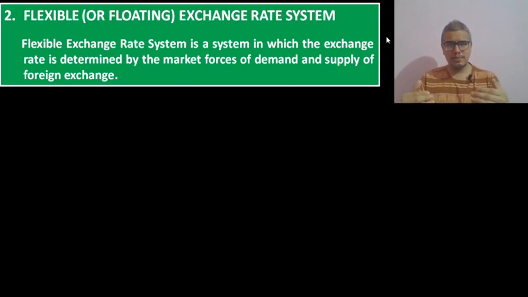The exchange rate was totally determined by market forces of demand and supply of foreign exchange. So according to the demand and supply for foreign exchange, the foreign exchange rate is being determined. This system is still prevailing in the world.